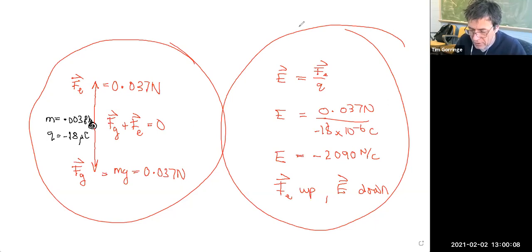You could set up this problem so that downwards is negative, in which case, if you wanted to write the size and direction of FG, then FG would be negative and FE would be positive. Or you could take the alternative convention that downwards is positive and upwards is negative.